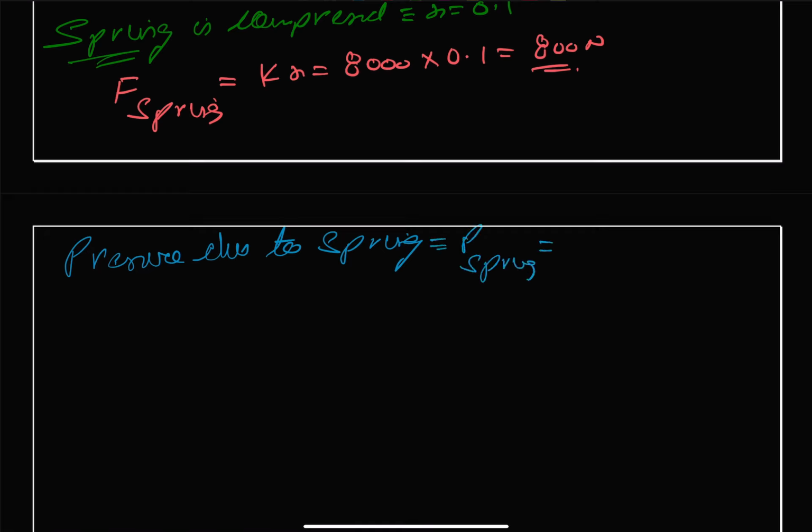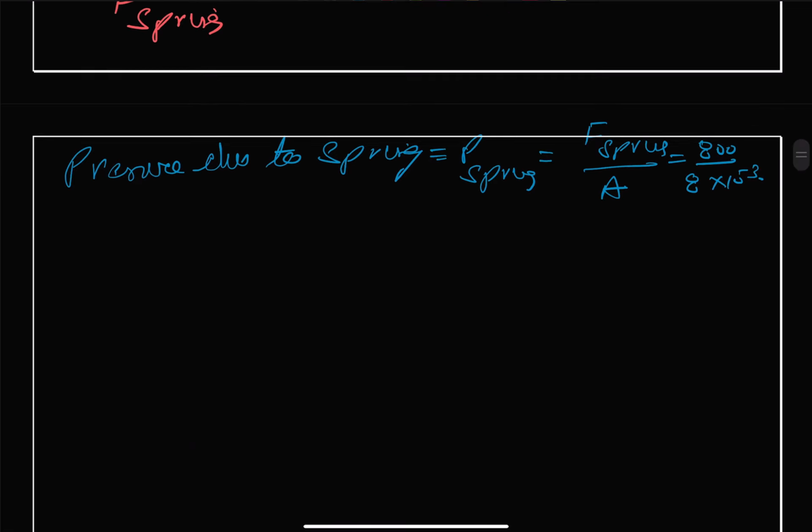It will be equal to the force because of the spring divided by its area, which comes as 800 divided by 8 into 10 to the power minus 3. So we get the pressure because of the spring will be equal to 1 into 10 to the power 5 pascals.